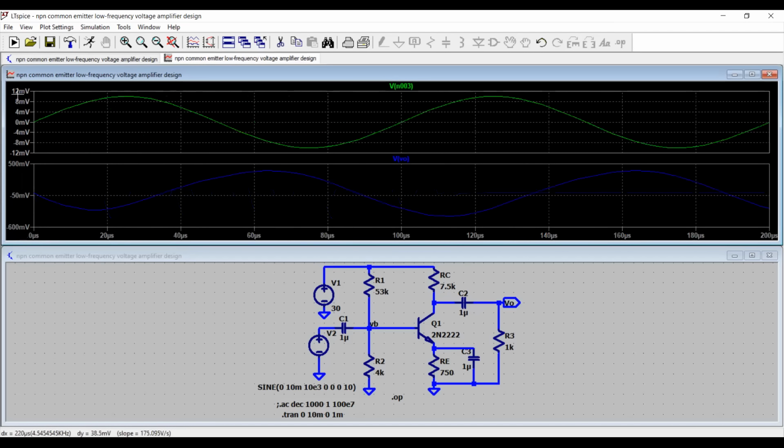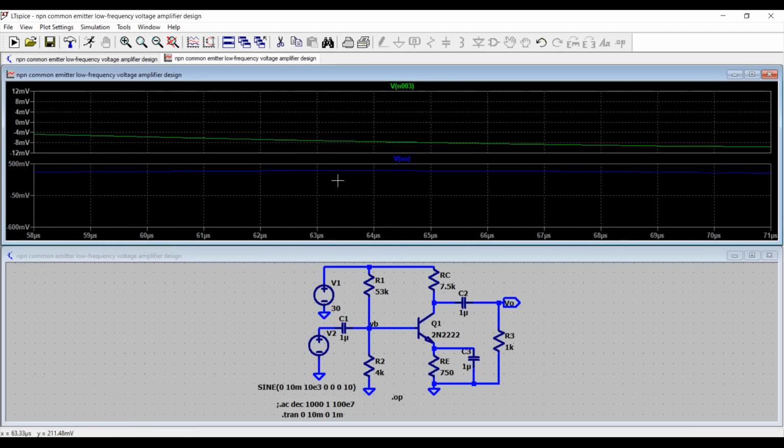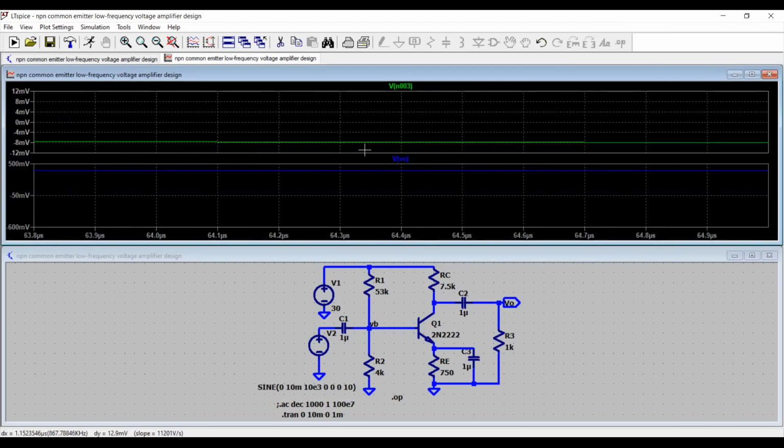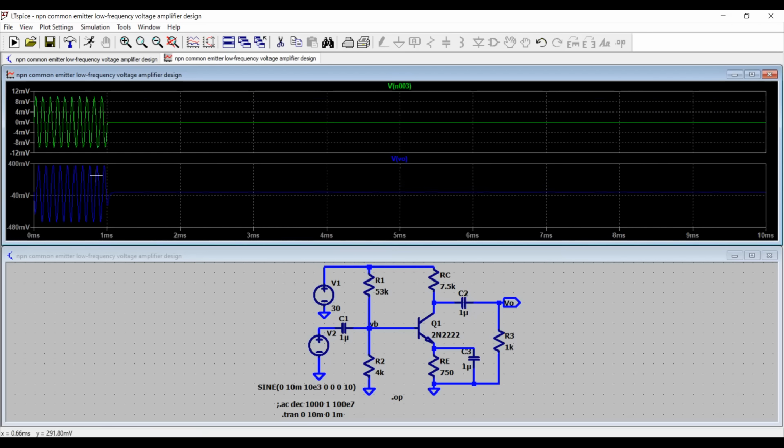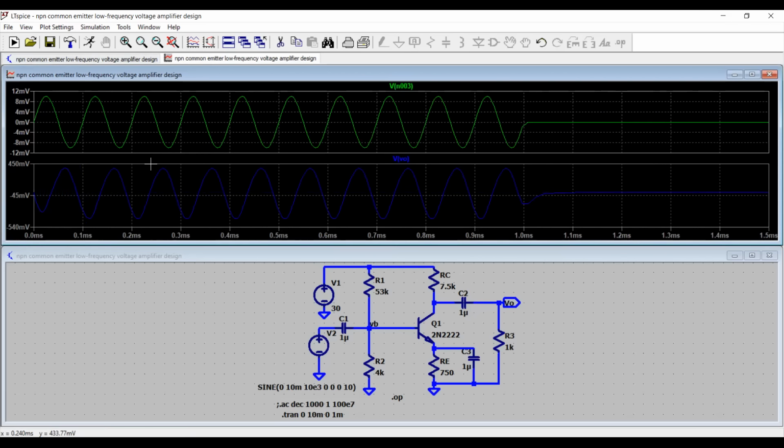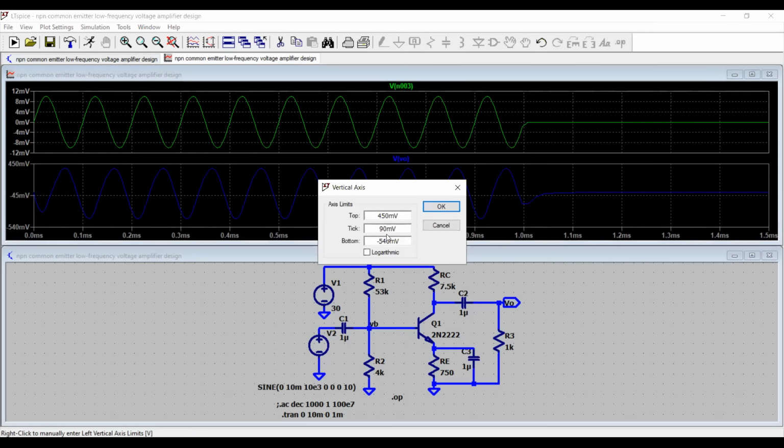So it's like the amplification. Let me just see how much is the peak. It's about zoom to fit. Yeah, it's about like let's right click here. Top is 450, bottom is this one, and tick is 90.